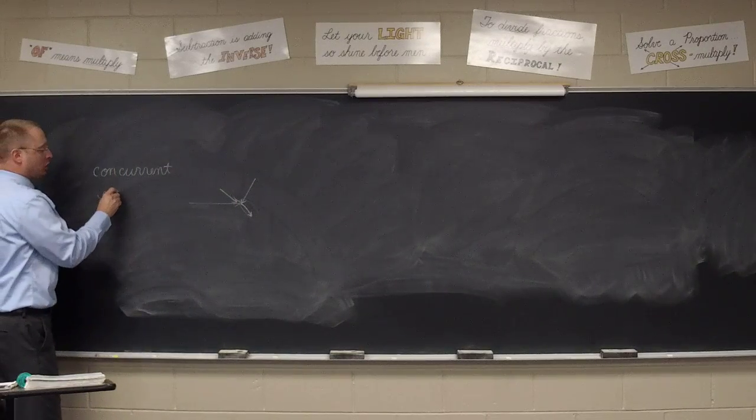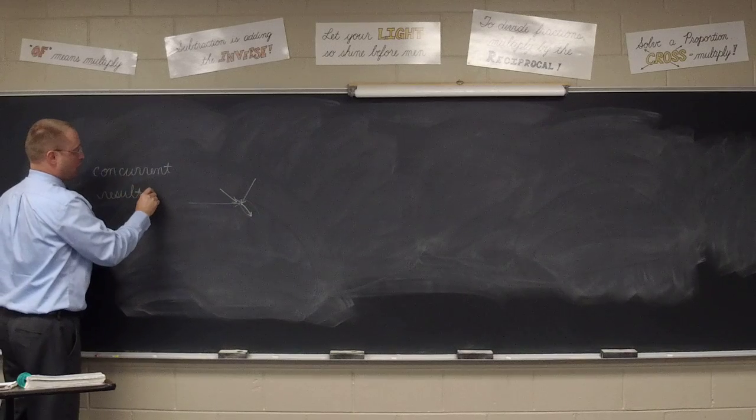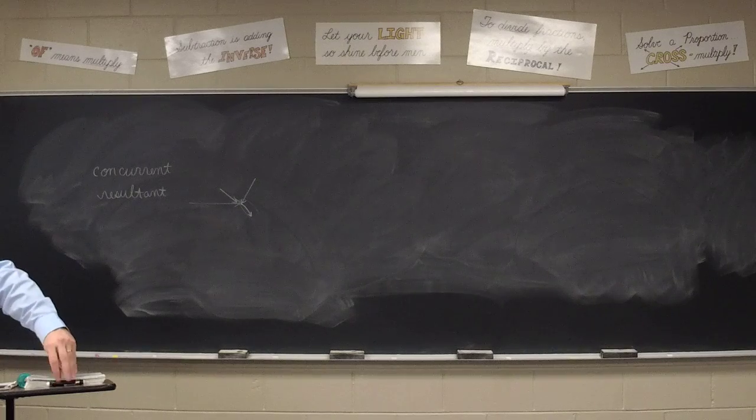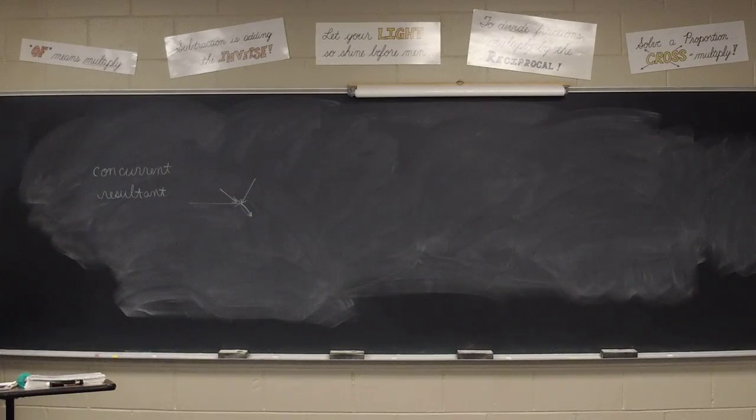It's called the resultant vector. The resultant is a single vector that shows the outcome of multiple concurrent vectors.